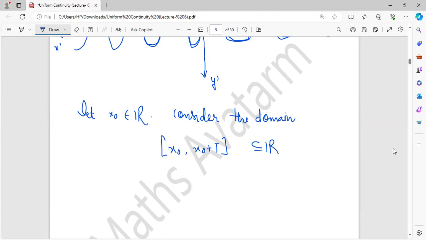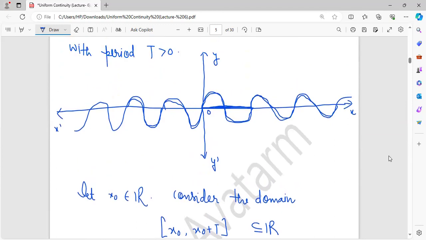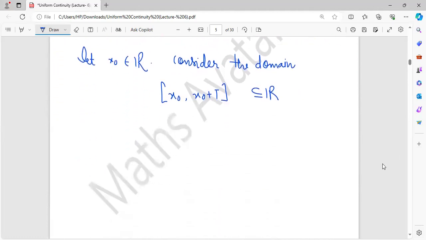So suppose this is my x naught and this is my point x naught plus T. In this domain the function is this, and in the rest of the domain the function will look the same. So I can write my domain R in this way.